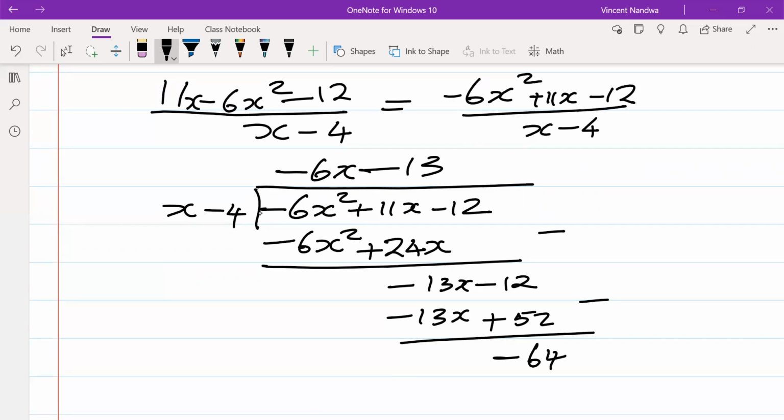Once you are dividing by a polynomial of degree 1, you reduce up to a number that has 0 degree, then you stop at that point. In this case, this is what you call the remainder, and this is what you call the quotient.